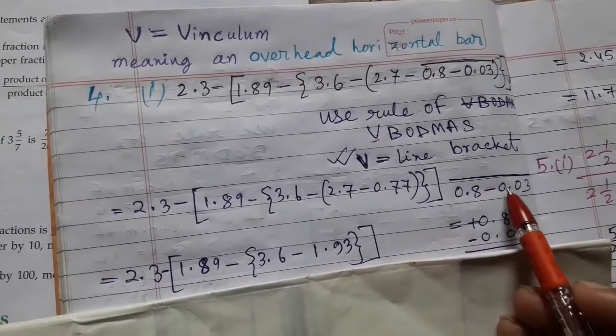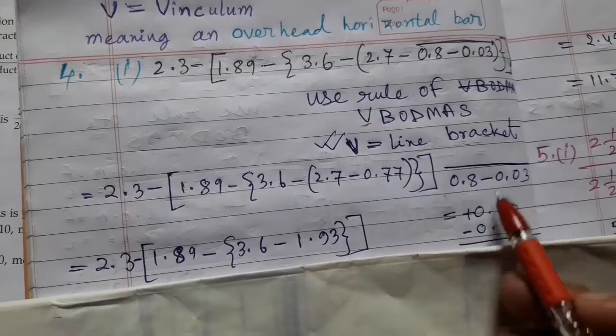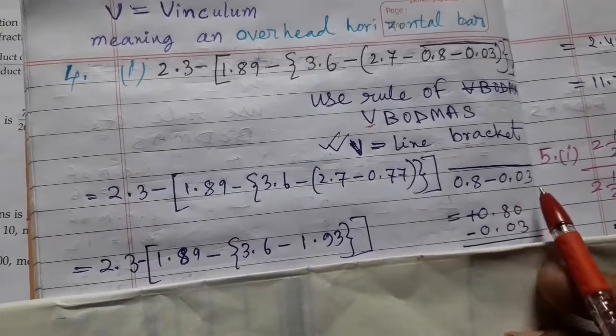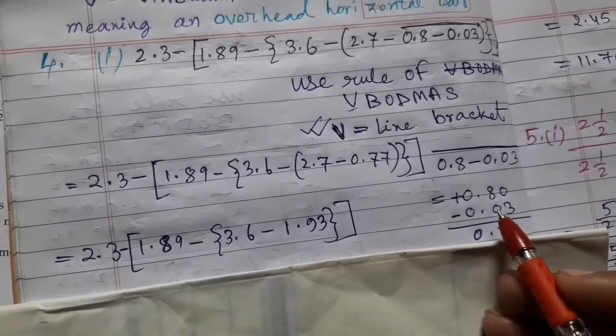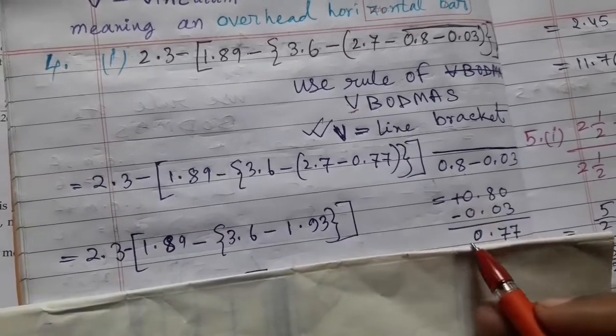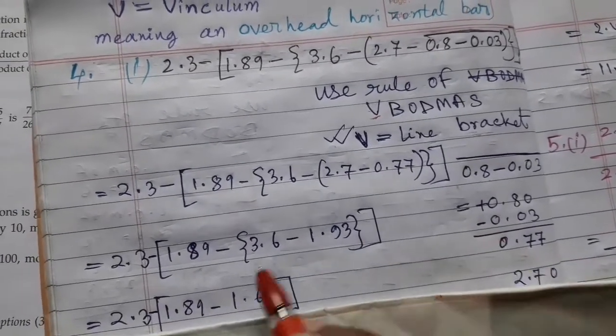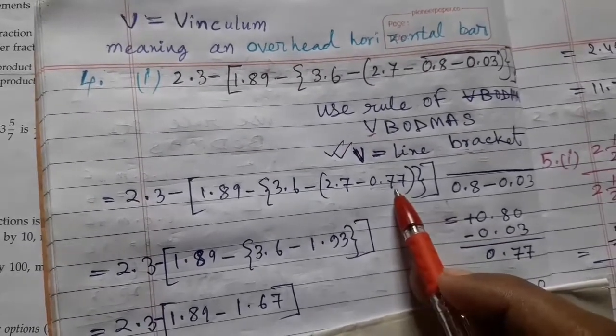0.8 minus 0.03. Okay, 0.8 means 0.80, subtract 0.03. 10 minus 3 is 7, carry 1, 0 plus 1 is 1, 8 minus 1 is 7, decimal 0.77.